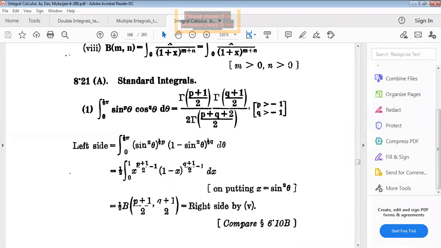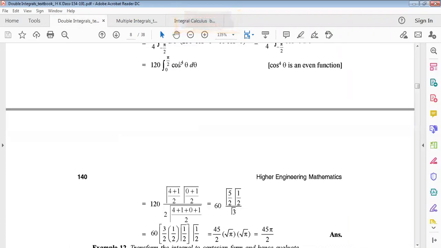Using this formula, here q equals 4 and the sine power p is 0. So gamma of (0 plus 1) by 2, gamma of (q plus 1) by 2, divided by 2 into gamma of (p plus q plus 2) by 2.